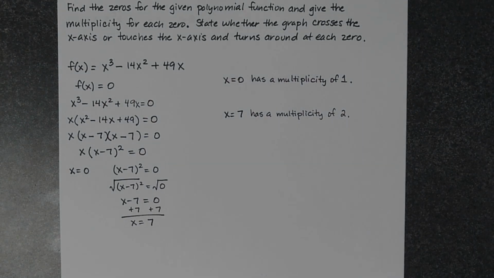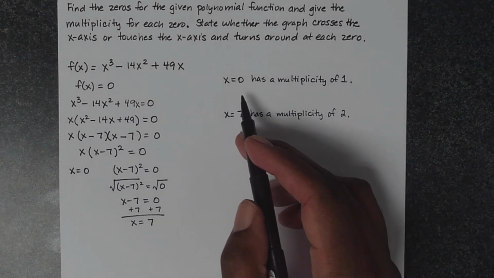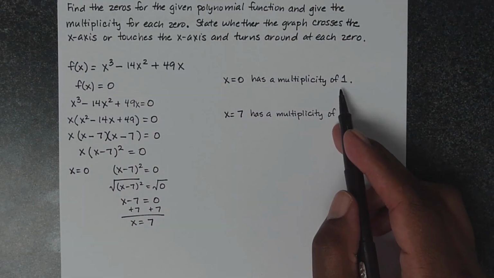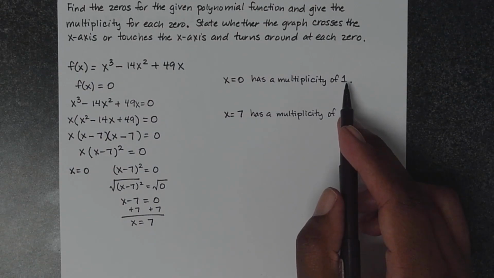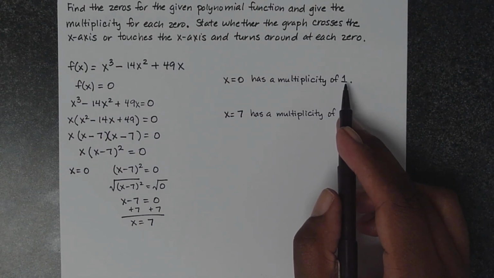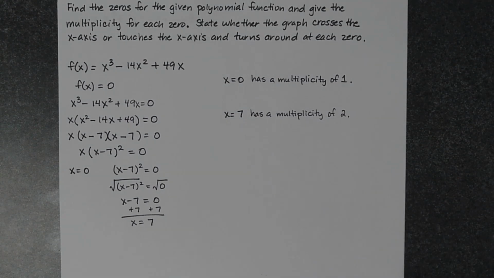Now I need to state whether the graph crosses the x-axis or touches the x-axis and turns around at each of those zeros. And here at x equals 0, it has a multiplicity of 1. This 1 is an odd number, so it has odd multiplicity.